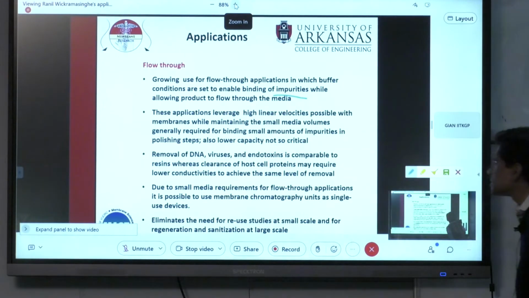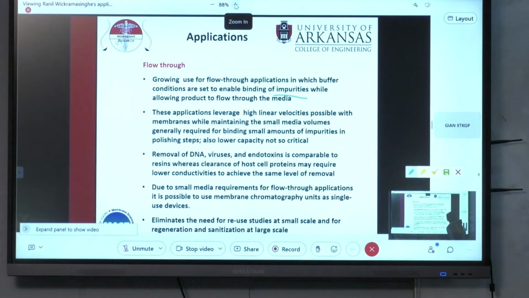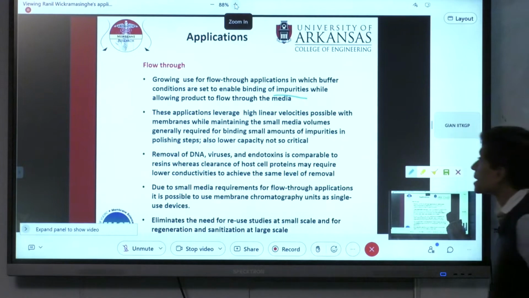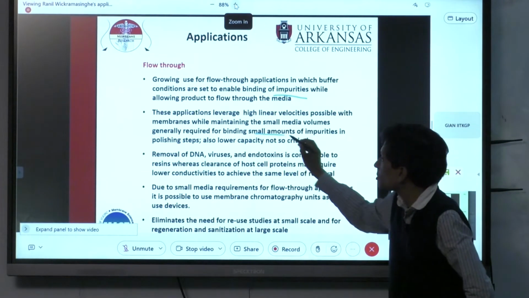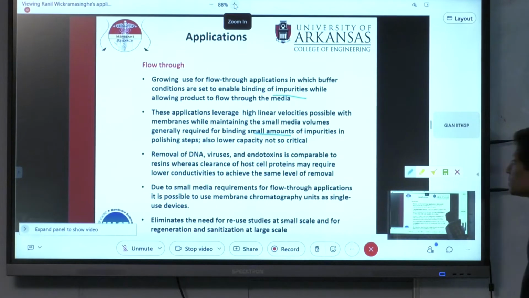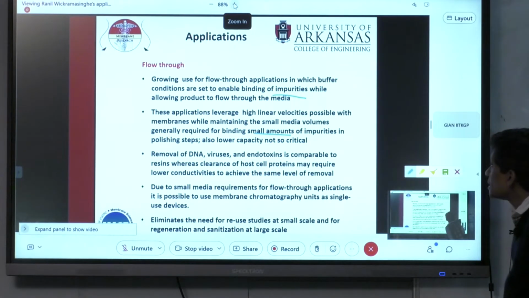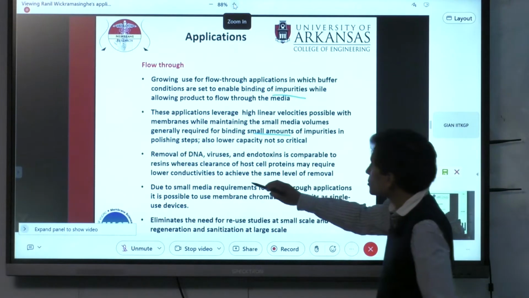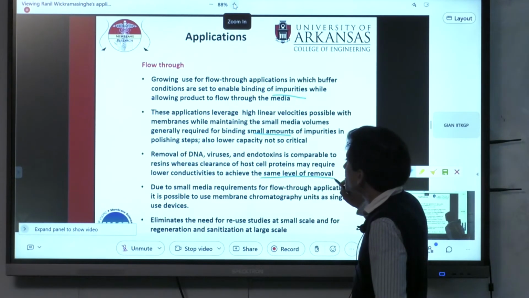These applications leverage high linear velocities possible with membranes while maintaining small media volume, generally required for binding small amounts, that's important, small amounts of impurities in the polishing step. So the lower capacity is not so critical. What are we removing? DNA, virus, endotoxin, and host cell proteins, which is comparable to resins, where clearance of host cell proteins may require low conductivities to achieve the same level of removal.